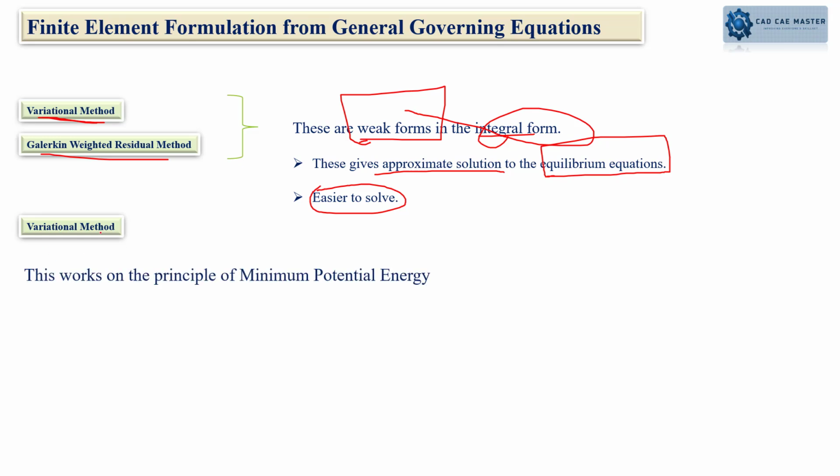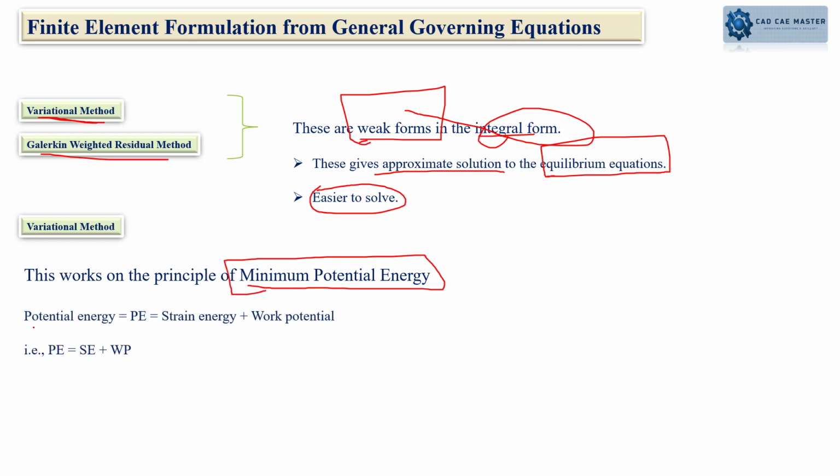When it comes to this variational method, this particular method works on the principle of minimum potential energy. So what does it mean, we'll see. If you're going to deal with the potential energy, it takes strain energy and the work potential into account.